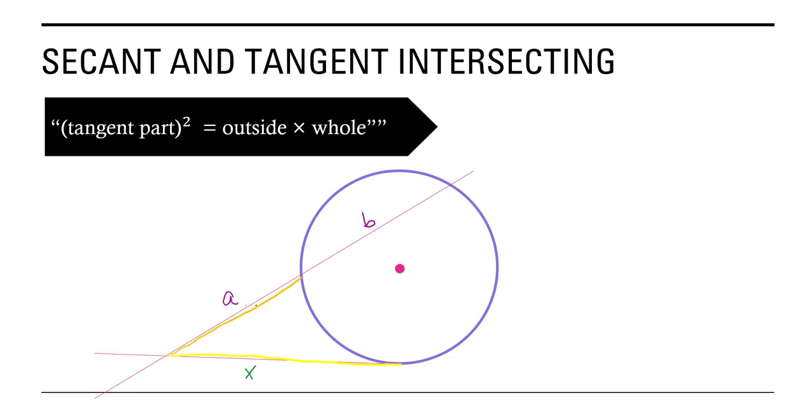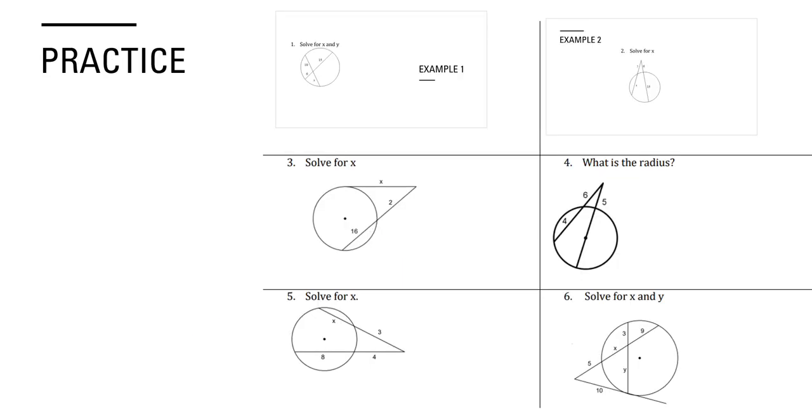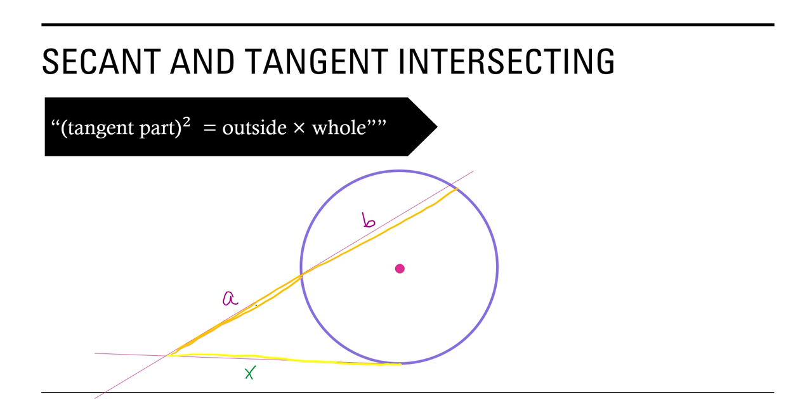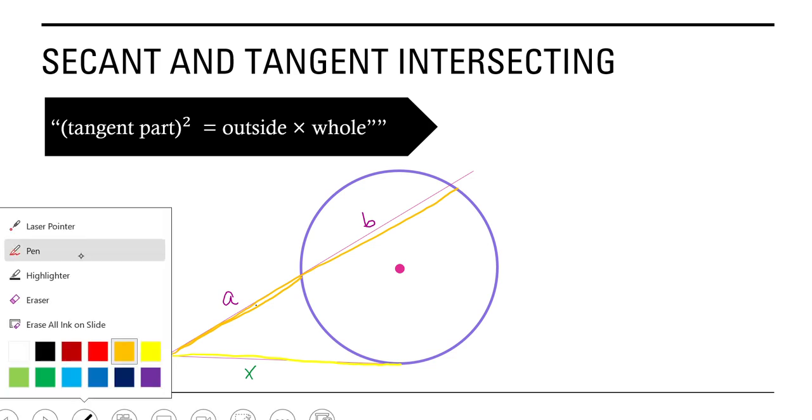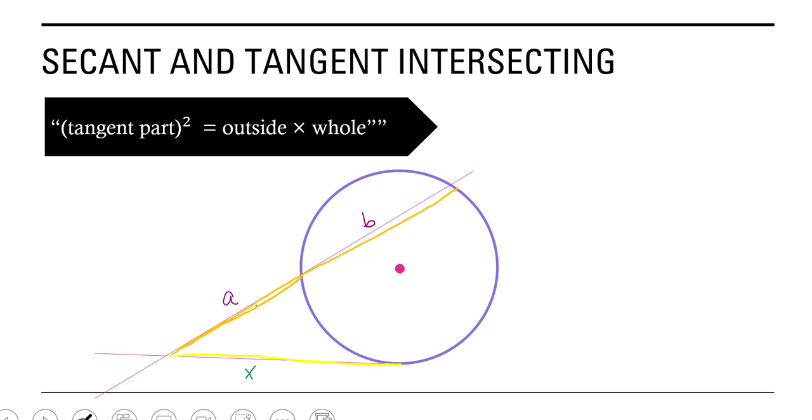So it would be the outside part and the whole when I'm doing the secant line. So the formula for that would be, in symbols, the tangent part squared, and then the outside part times the whole line segment.